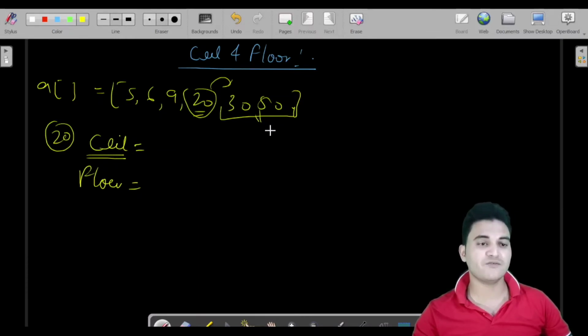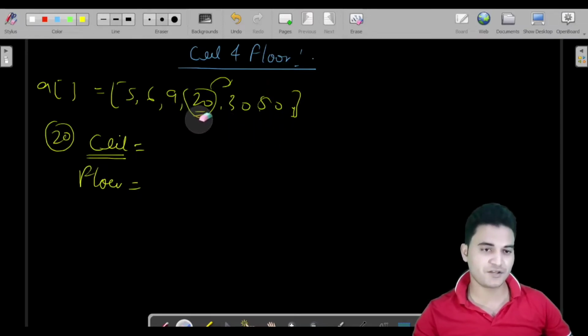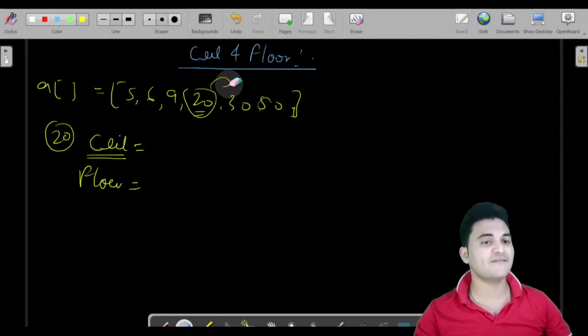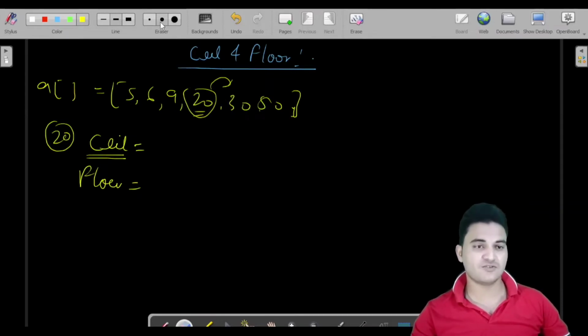Or if it is confusing, understand it this way: the element which is greater than 20 and right after it has to be the ceil. So the ceil for 20 has to be 30.